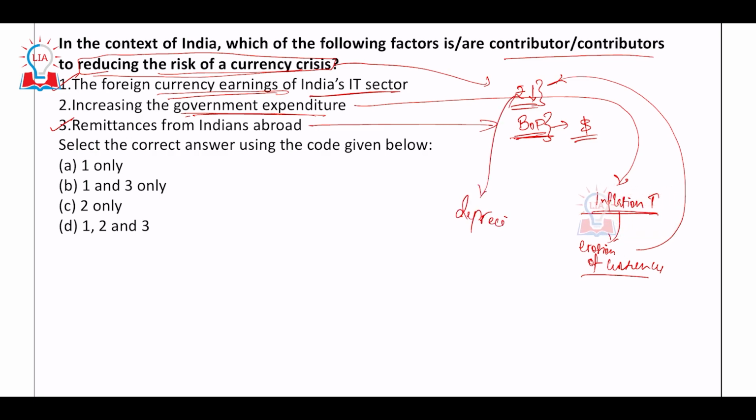Depreciation means a high import bill. Yes, that would be the problem. So it is not going to reduce the currency risk. In fact, it is going to make it worse if anything. So option number 2 cannot be the answer. So 1 and 3 only, you have B.